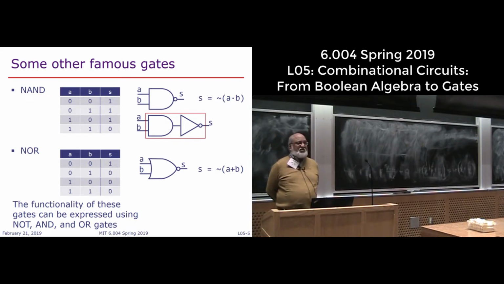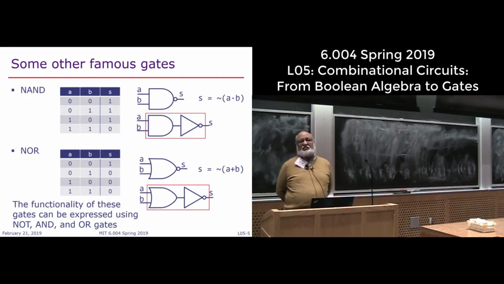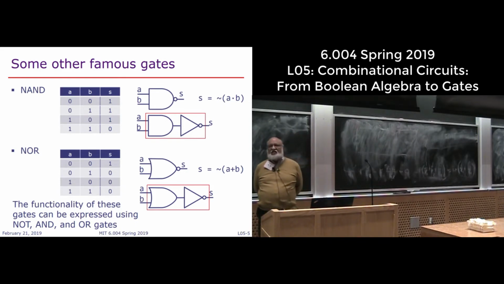It's not a bad way of thinking about it, but mathematically what we are saying is that a NAND gate can be expressed using an AND gate and a NOT gate. Similarly, a NOR gate can be expressed using an OR circuit combined with an inverter, a NOT operator.